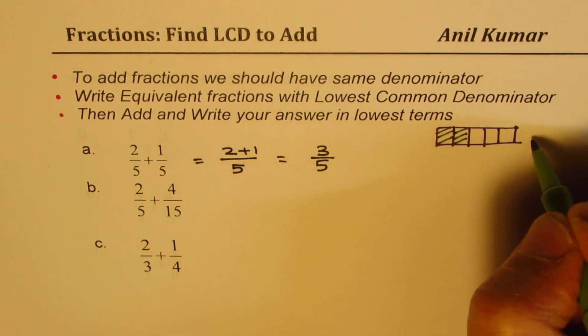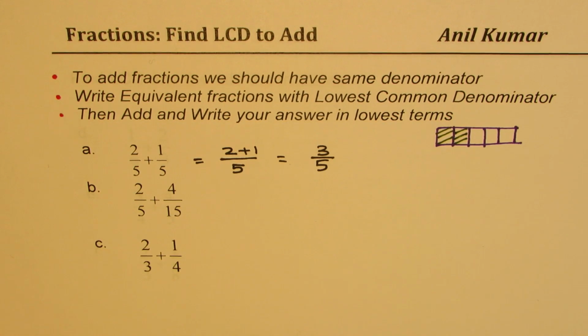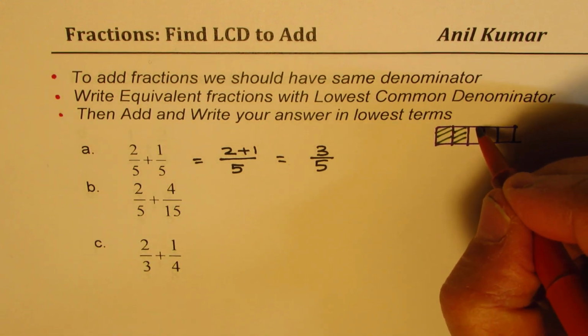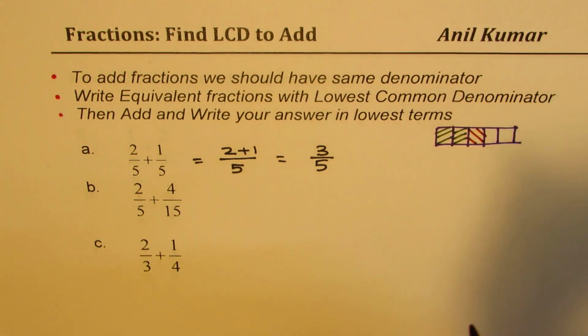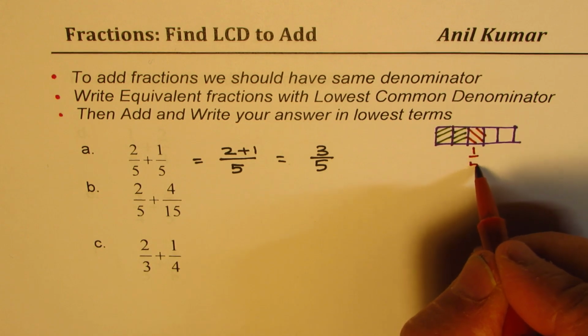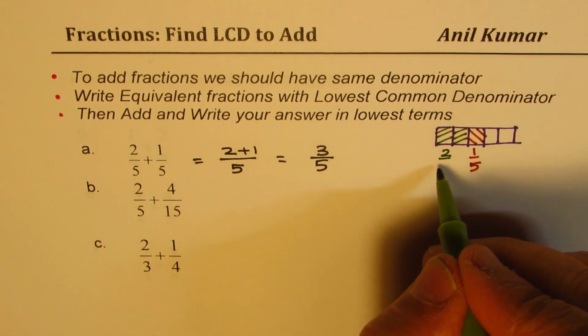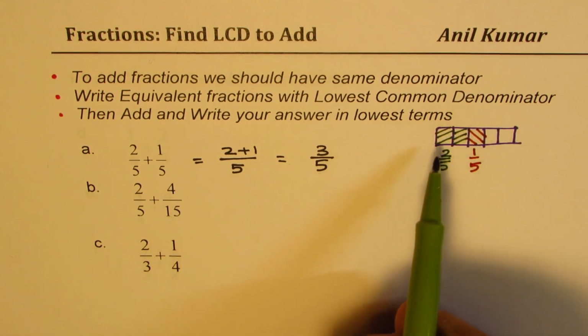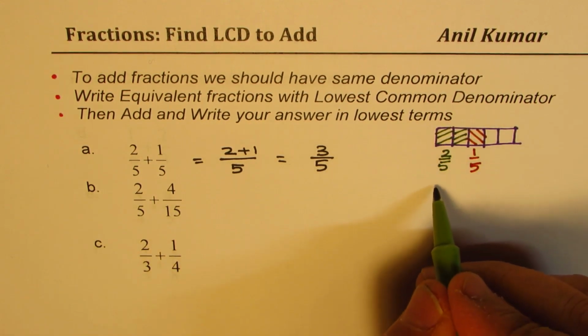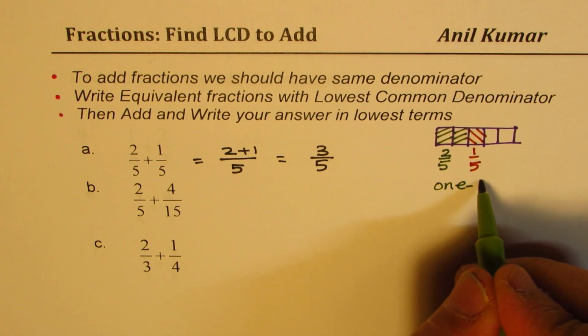And the other one we're talking about is 1 out of 5. That means this portion, correct? So this is 1 out of 5, and the other one is 2 out of 5. Now you can see each one is 1/5.